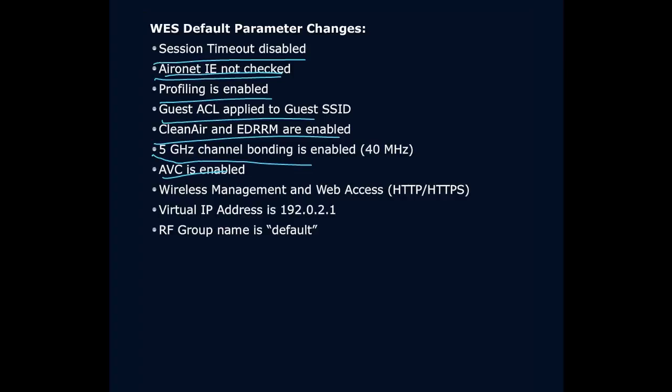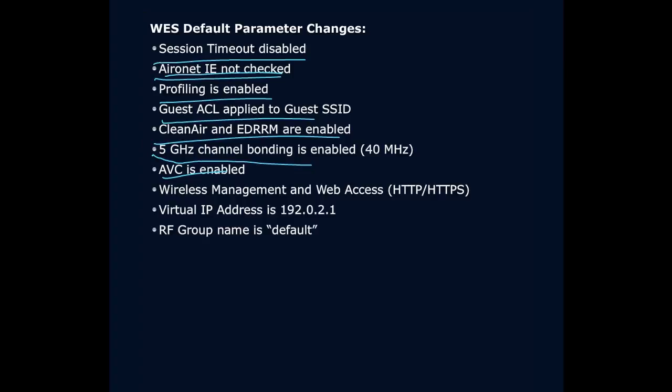Now, some of the things we're going to be asked to do is our system name, our DHCP server, our DNS. Link aggregation, yes or no. These are all things that you're going to see in your wizard, so be aware and be prepared when you're going through this process. If you have a RADIUS server, the mobility group or radio frequency name.